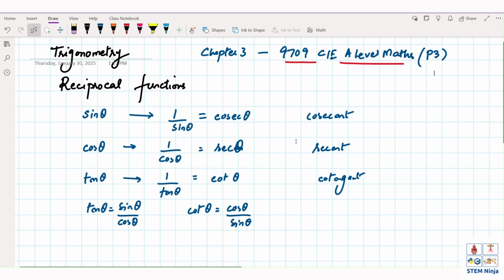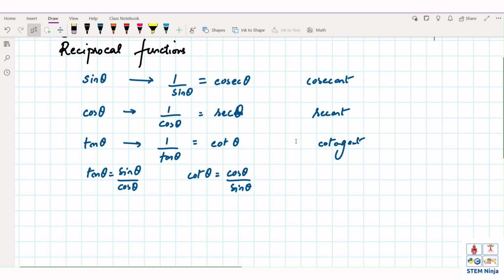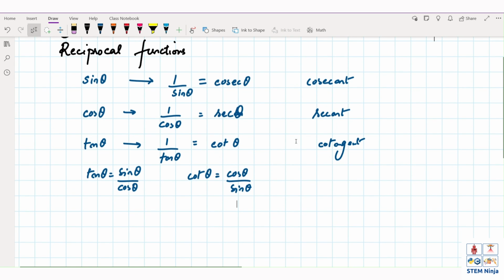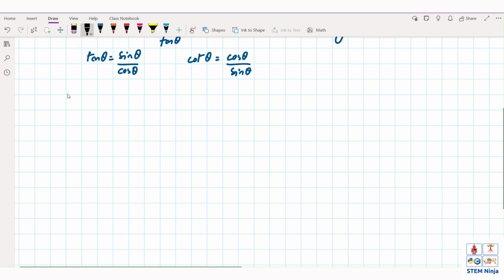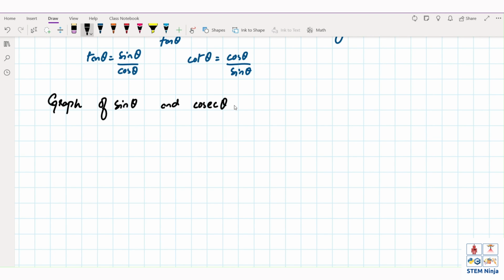Now, since these are functions, they have their respective domains, they have respective ranges, and they can be sketched also. And we are expected to know how to sketch them. So let's see how we can see their graphs. So let's start off with graph of sine theta, and we are going to contrast it with the cosecant theta.